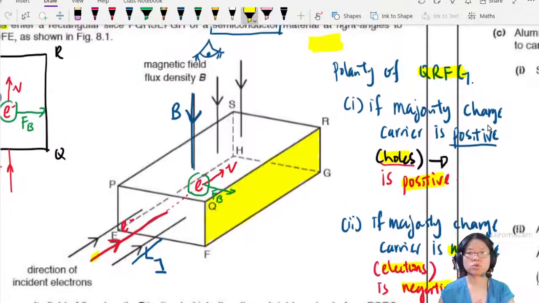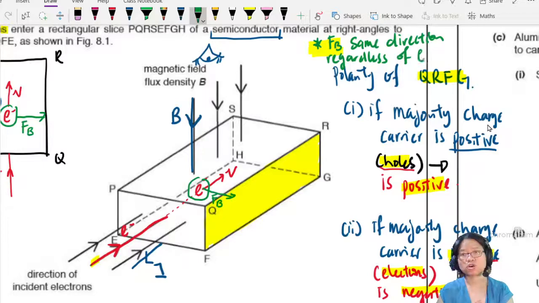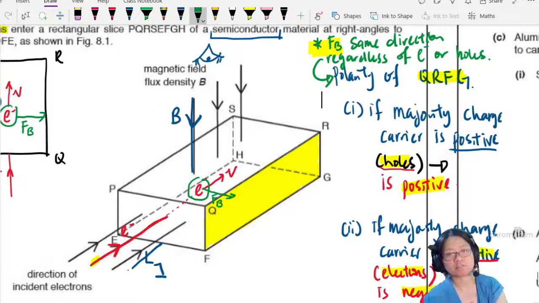Okay, so the whole fundamental idea here is because your FB is the same direction regardless of electron or holes. So hence, if we want to look at the polarity of this phase, it doesn't really matter.